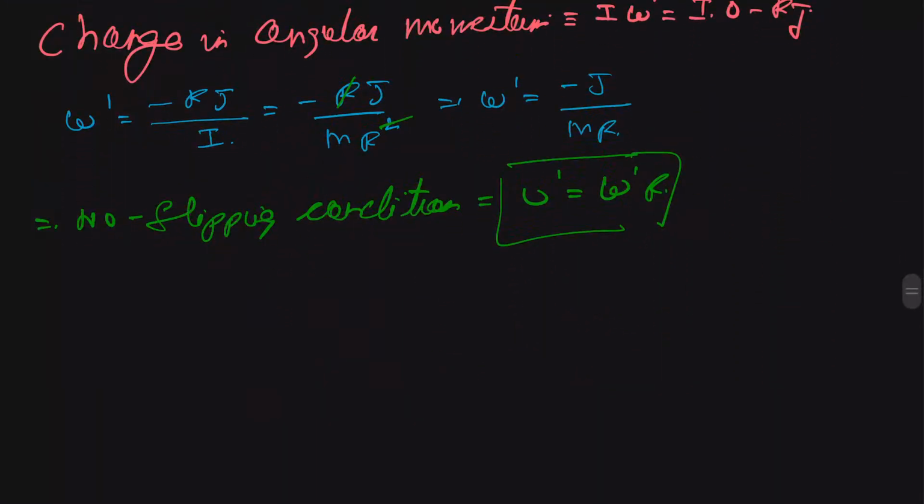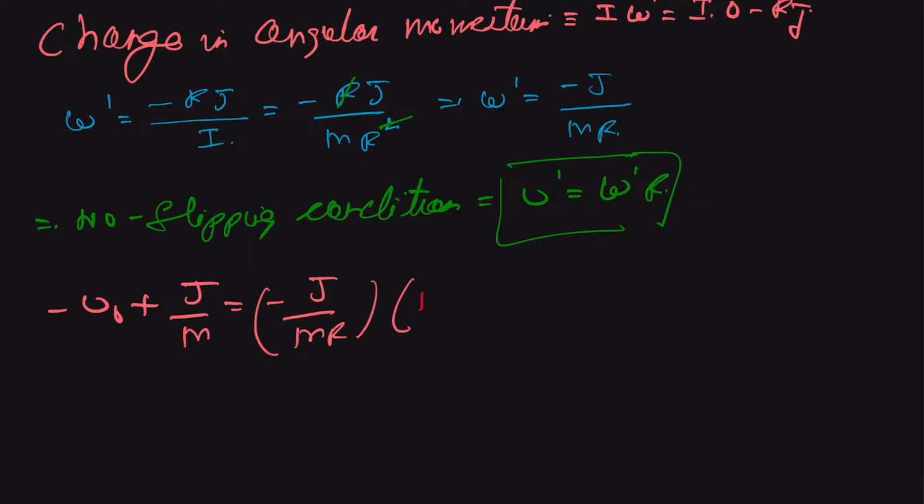And we substitute the values V prime and omega prime, so we get minus V naught plus J upon M is equal to minus J upon MR times R, and here this R and R goes away.